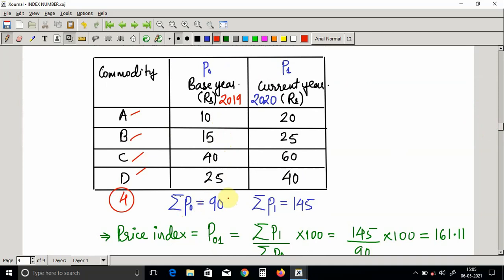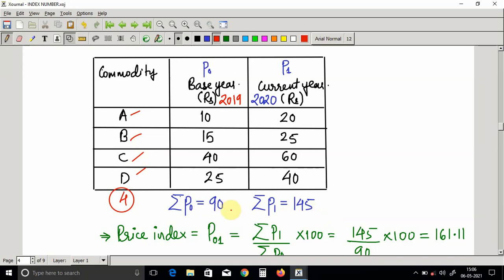I said you have to find the average, so we can skip that, divide by 4 and divide by 4, that 4 will be cancelled if you take the ratio of these two things. So it is an average, but we are not writing this divided by 4.